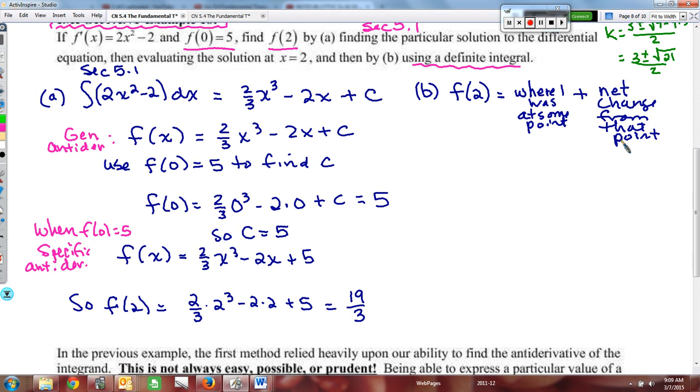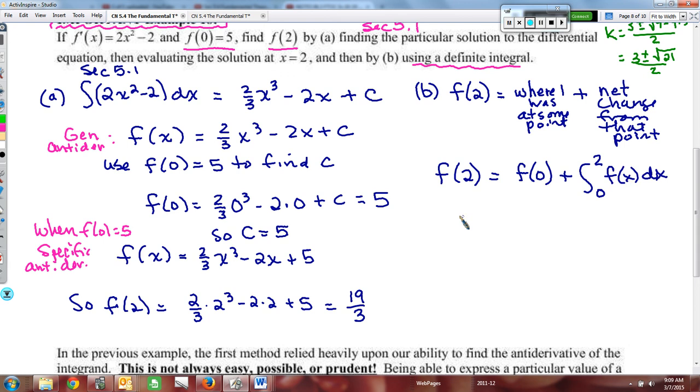If you think about what we're saying here, we can always find a function value by taking where I was, which is f of 0, and adding to that the net change from 0 to where I want to currently be, on f of x dx.